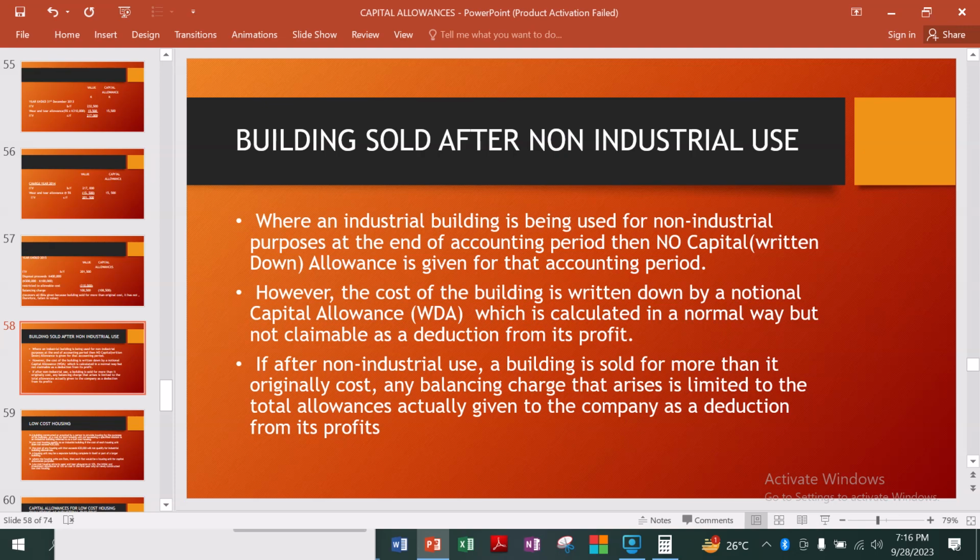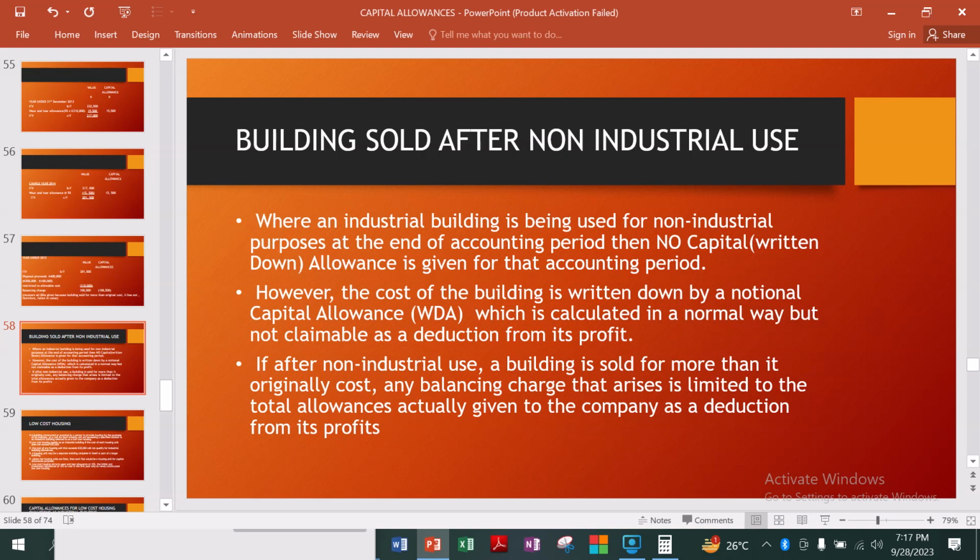Okay, so you can have a building, then there is an interruption in a trade. What happens to that when you resume? That particular period when there is no trade or no business, that dormant period, you cannot claim capital allowances. Okay, but you have to calculate.